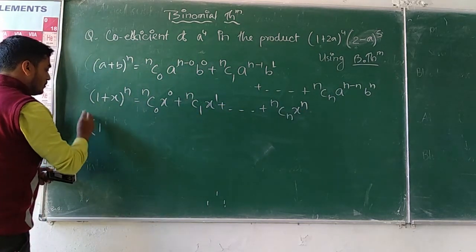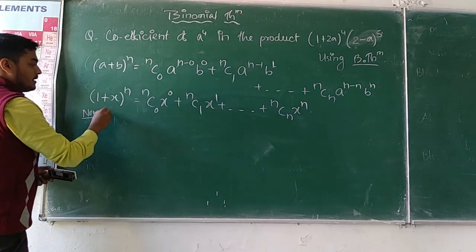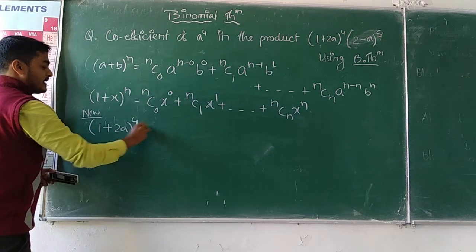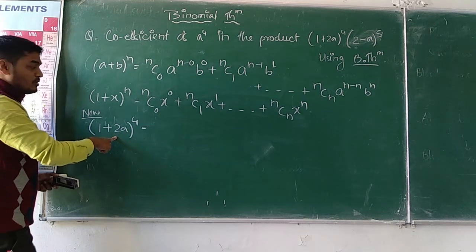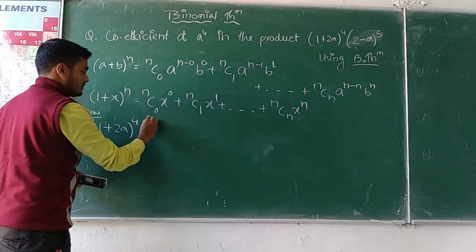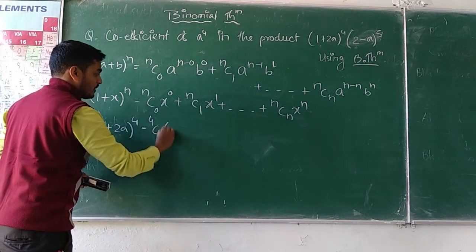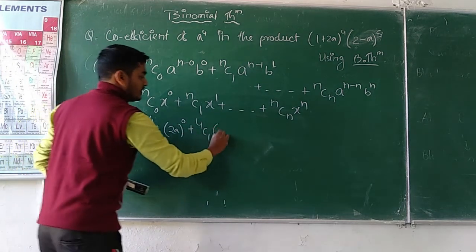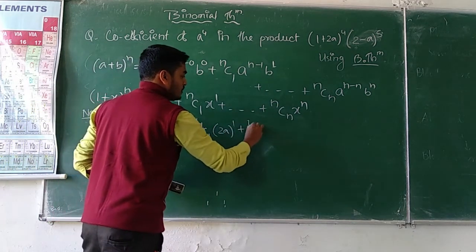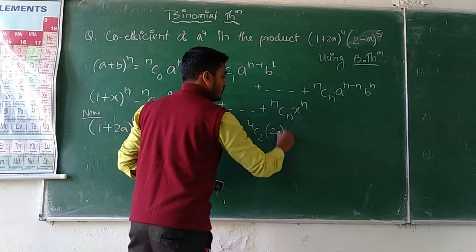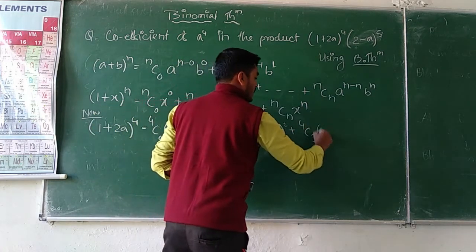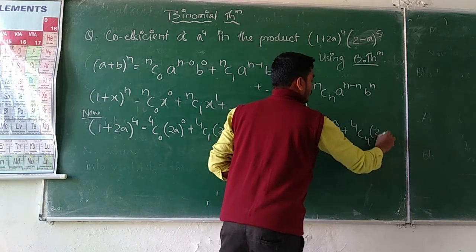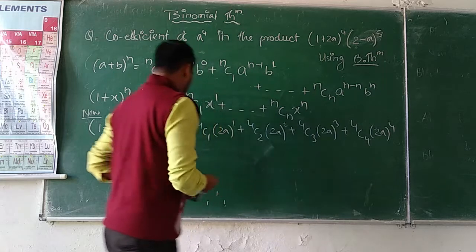Now we find the value of (1 + 2a)^4. In that expansion we have 5 terms, where x is equal to 2a. So the expression is 4C0 (2a)^0, 4C1 (2a)^1, 4C2 (2a)^2, 4C3 (2a)^3, and the last one 4C4 (2a)^4.